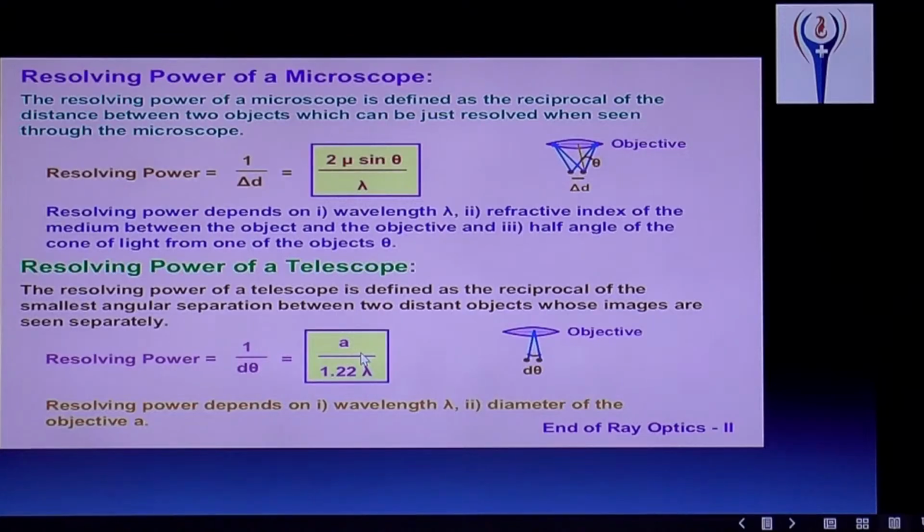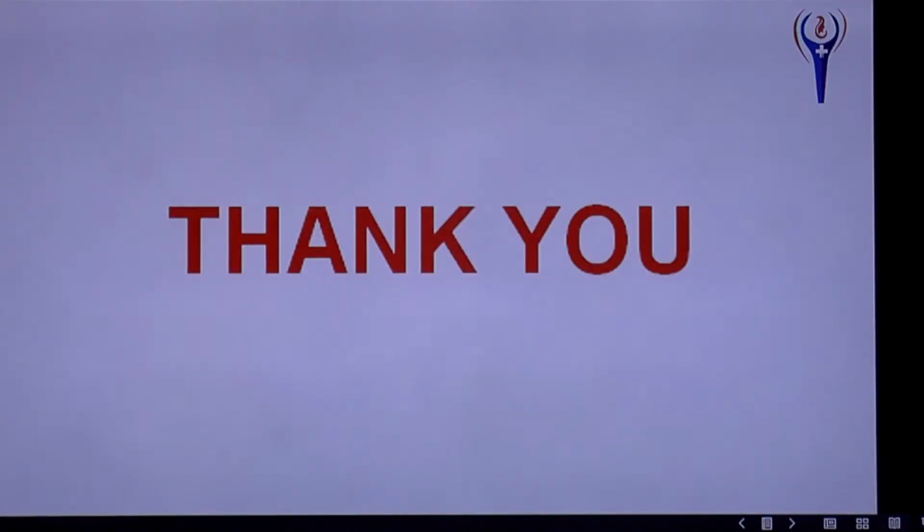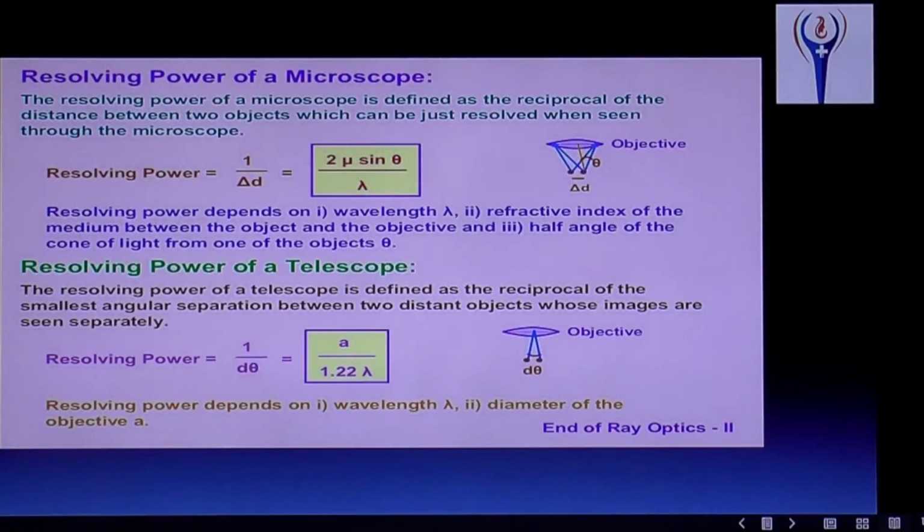So for both microscope and telescope, resolving power depends upon the wavelength of the light used. Okay, noted? Right. So in this chapter, resolving power of the microscope as well as the telescope depends on lambda, the wavelength of the light.